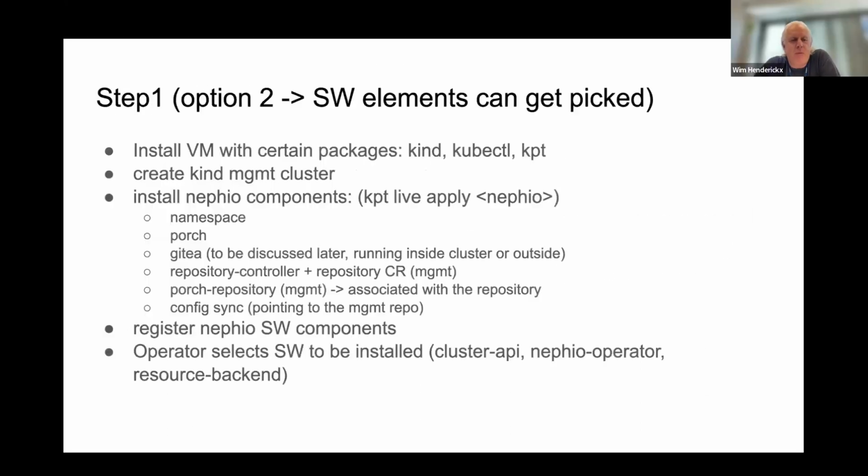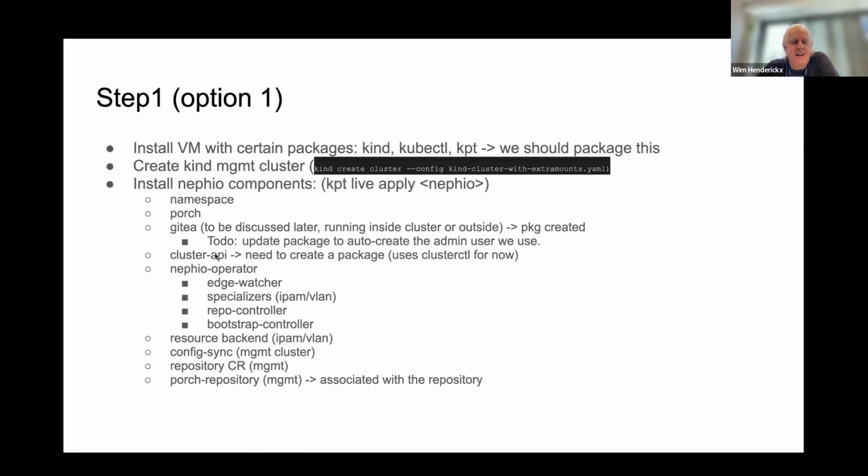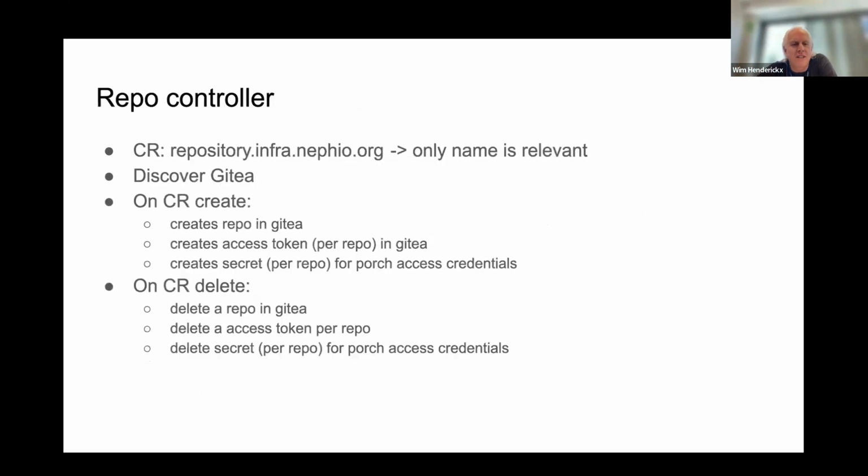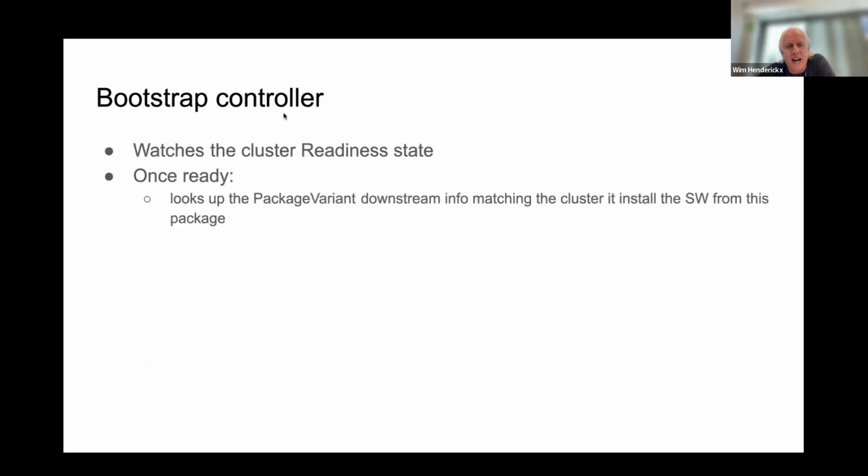Yeah. Basically, we could build an OpenShift cluster with an API here, for example. That's a package for OpenShift or whatever other flavor we have, and then we have to make one slight modification to this component to look at what to watch for to understand the cluster readiness for that particular implementation. But the rest, what happens below here, is generic because we rely on package variants and downstream info to do that lookup.